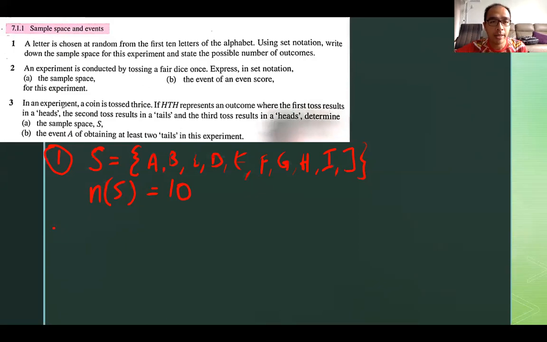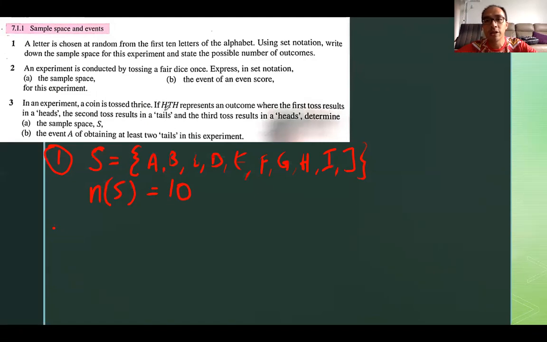All right, number 3. In an experiment, a coin is tossed thrice. Whenever you toss a coin, it's either going to fall head or tail. H is for head, and T is for tail. Some people call it kepala dan ekor, some call it bunga dan nombor, some call it gambar dan nombor.